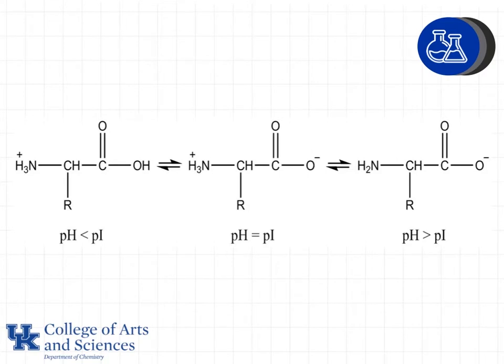We've talked about how the amino acid exists with both a positive and negative charge as a zwitterion when pH is equal to pI. But we also need to look at how it exists when pH is less than pI and when pH is greater than pI. When pH equals pI, we have the zwitterion. It's overall neutral because we have a plus charge on one end and a minus on the other end.